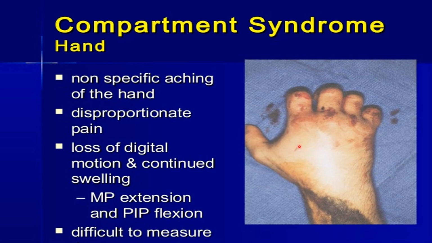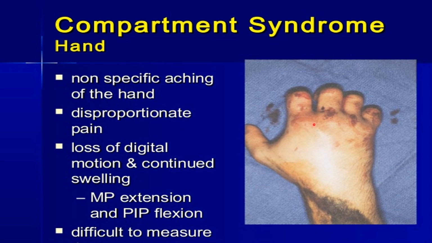So we study these compartments of the hand, and compartment syndrome develops when there is bleeding or swelling within the compartment. Compartment syndrome occurs when there is pressure within the compartment. It restricts the blood flow to the area and causes damage to the muscles and the nearby nerves and vessels.